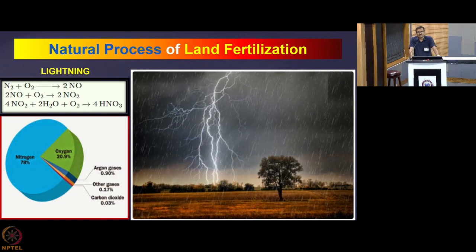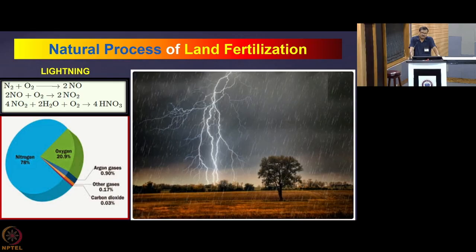But nature has a method that is called lightning, where because of the very high temperature arc that is generated in the lightning, they can break the nitrogen bond, and once the nitrogen bond is broken, then this nitrogen atom reacts with oxygen that is available in the atmosphere, then they form nitric oxide, then nitric oxide reacts further with oxygen, they form NO2, then this NO2 reacts with the moisture that is available in the cloud, then they form nitric acid, HNO3.